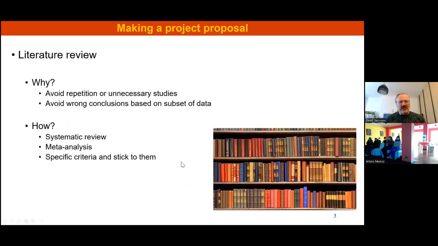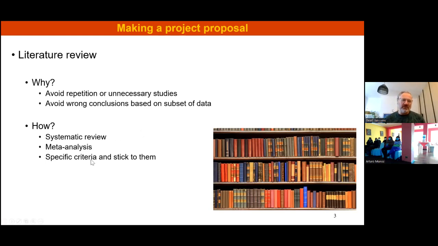So a literature review, why should you exactly do that? Because you want to avoid repetition and unnecessary studies. If you put a lot of effort into studying something and afterwards you find out that somebody else has already done it, then it will be very difficult to still publish that in a good journal, because most journals will go to reviewers, and if reviewers see that this has already been done, then they will not accept your manuscript in the journal.